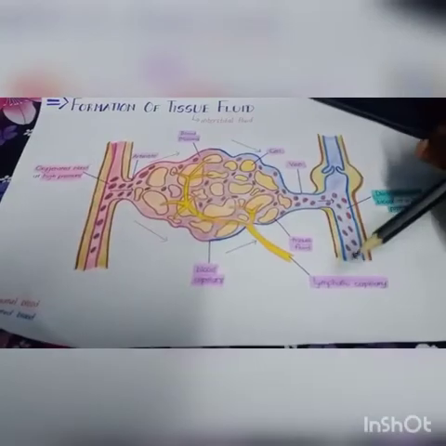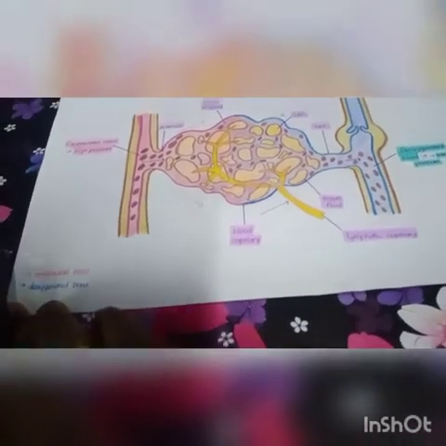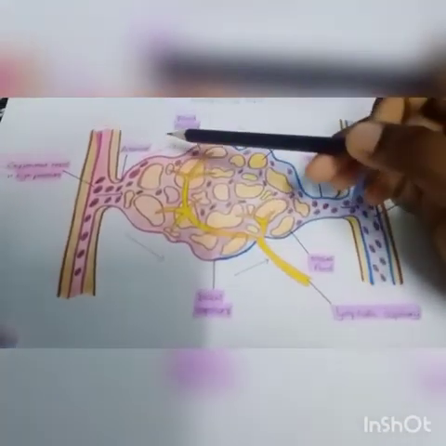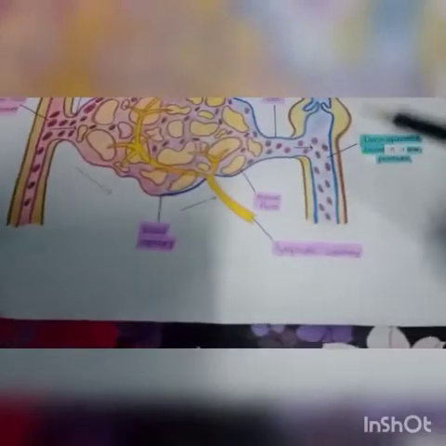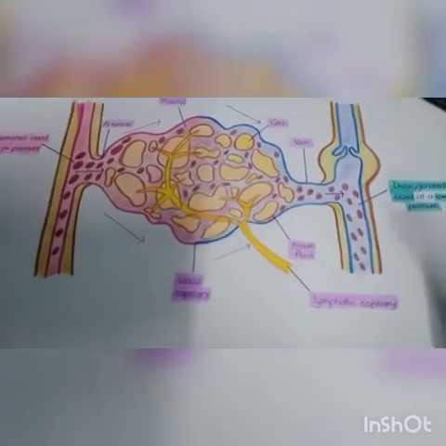To make it easier to understand, I've used two keys: the red arrow shows the oxygenated blood, while the blue arrow shows the deoxygenated blood.